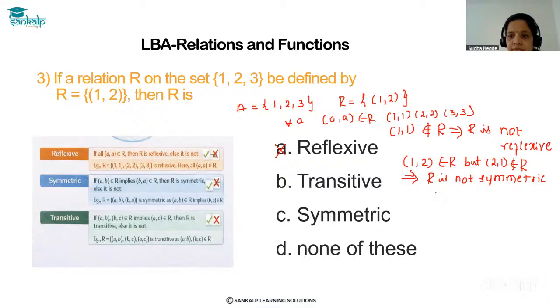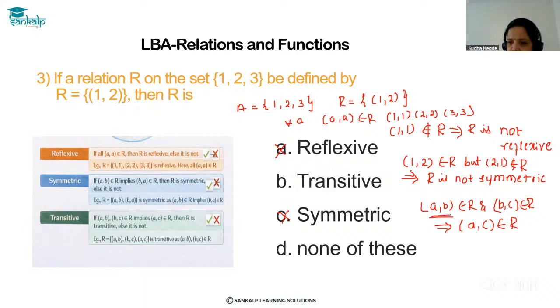Next, check transitivity. What is the definition of transitivity? (a, b) belongs to R and (b, c) belongs to R. This should imply (a, c) belongs to R. But we don't have such pairs in R. We have only one pair.